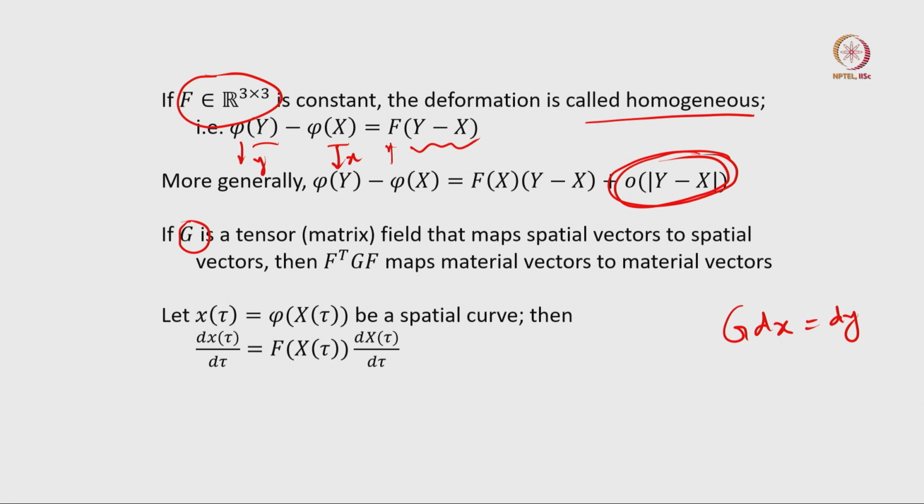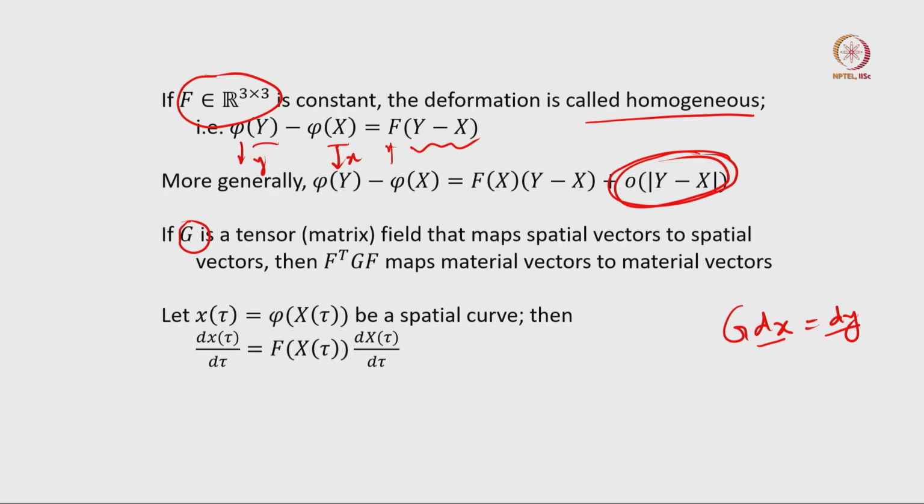You see, G maps a spatial vector to a spatial vector, thinking of dx and dy to be vectors, with due apologies to mathematicians. Now let us see how F transpose G F works. F maps a material vector to a spatial vector, that spatial vector is acted upon by G, leading to another spatial vector.